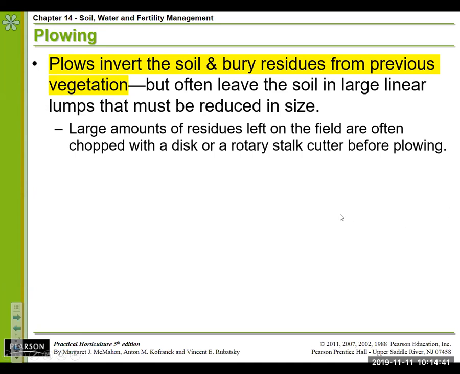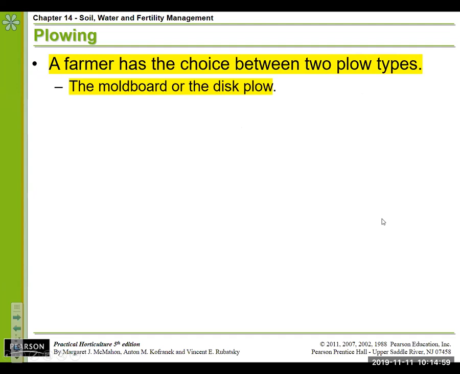But plowing basically leaves large amounts of residues on the soil surface. Also, it leaves large linear lumps where we're inverting that soil surface.